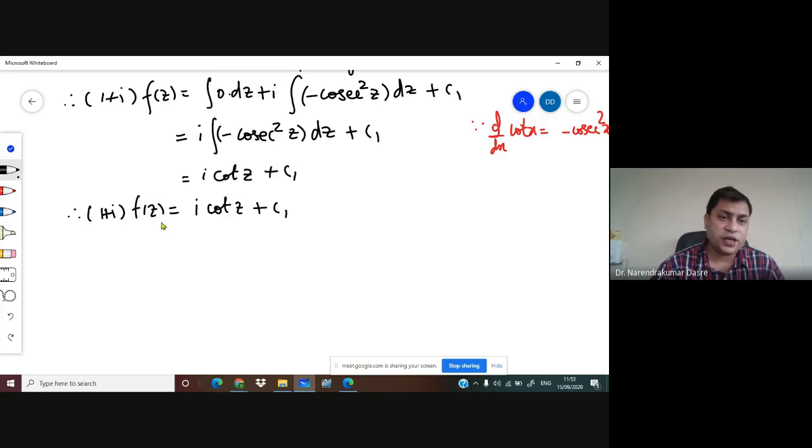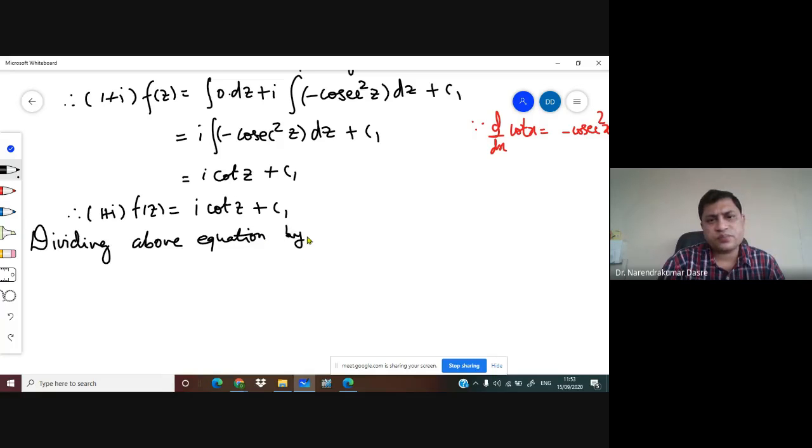So we are interested in only f of z. So what we can do is divide the equation by 1 plus i.